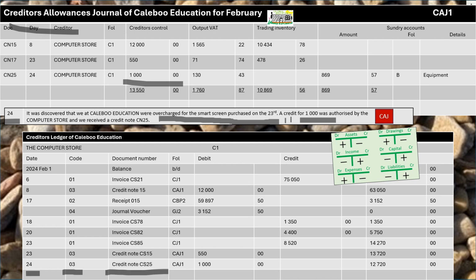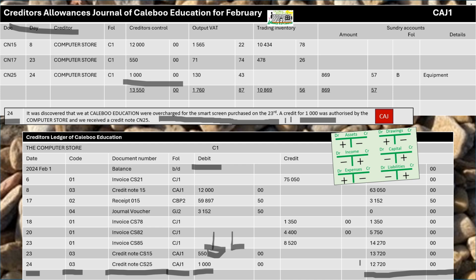We received a credit note from the computer store, CS25. The information was recorded in the creditor's allowance journal. We owe them less, a decrease in liabilities. The account must get debited. 1,000 debited in our books, credited in their books. And the amount that we owe the computer store on the 24th is 12,720.